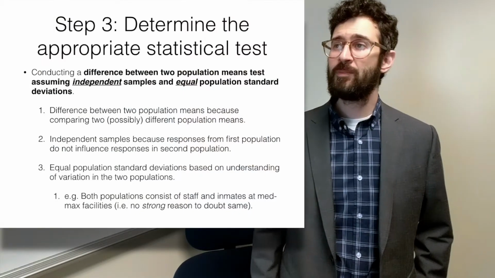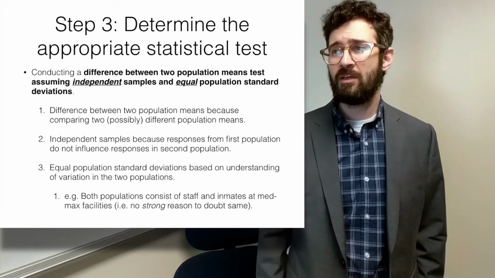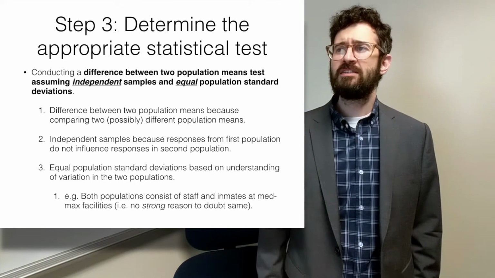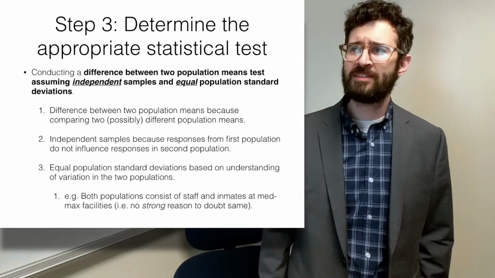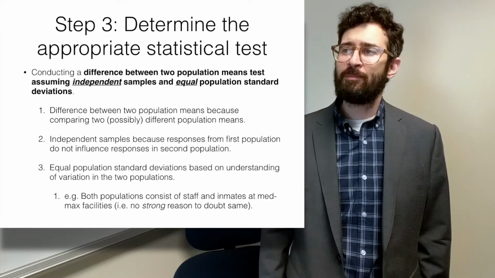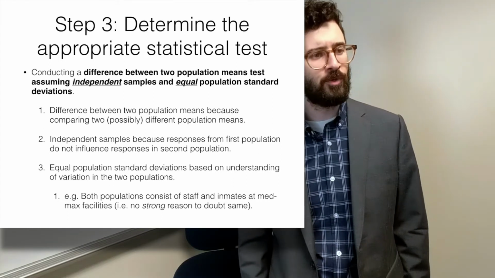So step 3, we then determine the appropriate statistical test. In this situation, we're conducting a difference between two population means test, assuming that the samples are independent and that the population standard deviations are equal to each other.